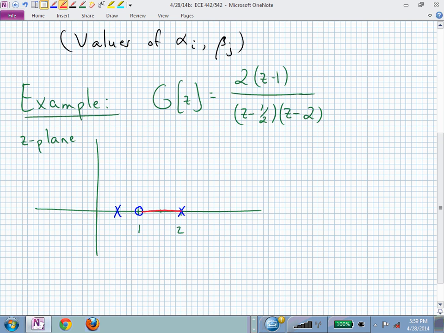We have 2 poles, so we're going to have 2 branches, and this branch. As we crank up the gain K, that pole, the open loop pole at 2, is going towards the finite 0 at z equal 1, but it's never going to get inside the unit circle. So I've designed this system to be unstable with just a gain controller. Is that clear?